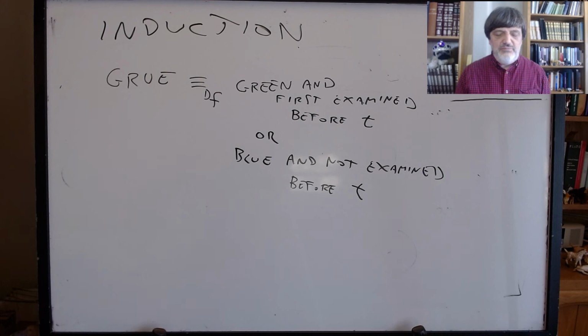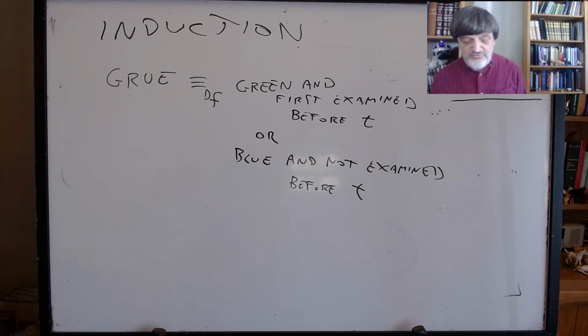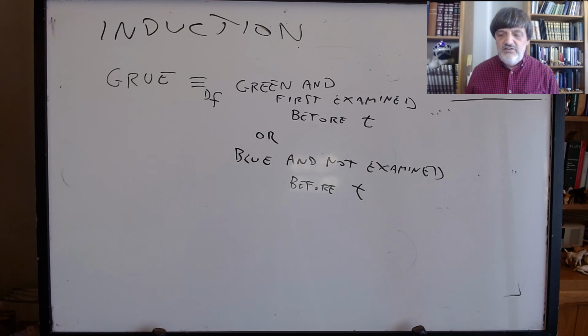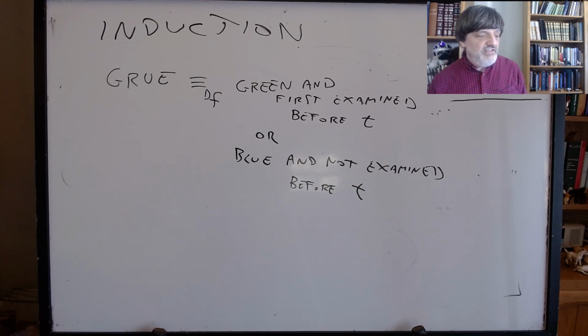That predicate is not projectable. And similarly for the example I mentioned before that Goodman also mentions here: from finding that this piece of copper on my desk conducts electricity, building up evidence that every object on my desk conducts electricity. All those concepts that are like at this time, in this place, are not projectable.